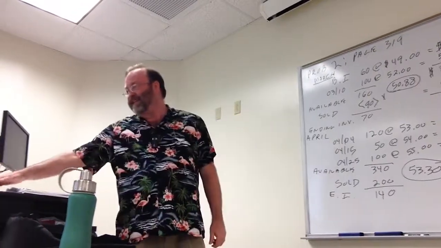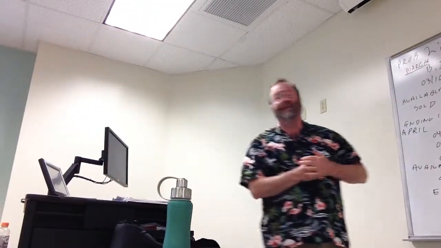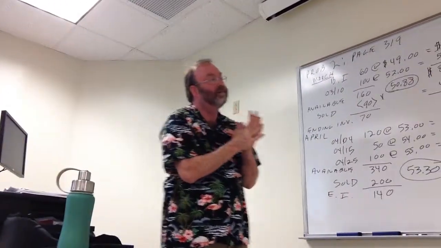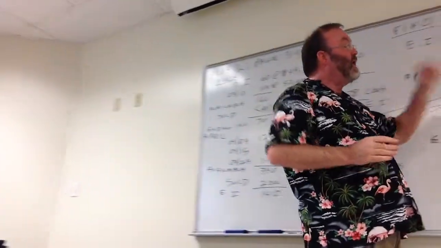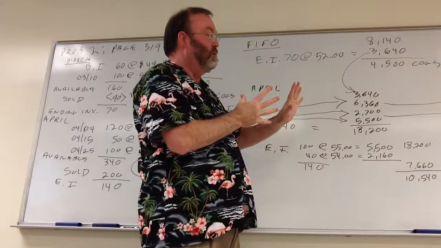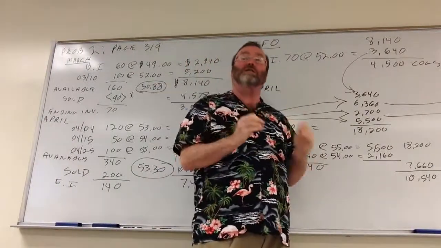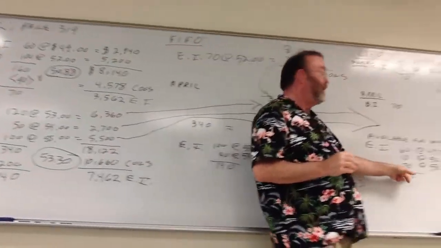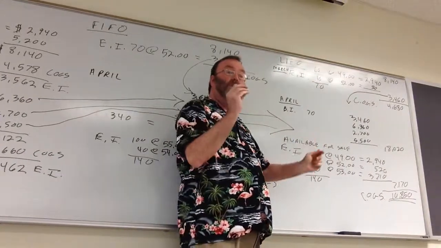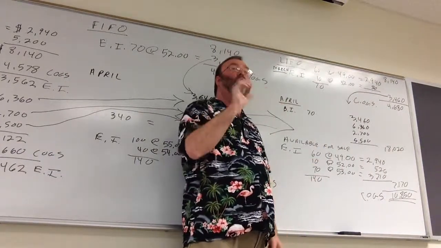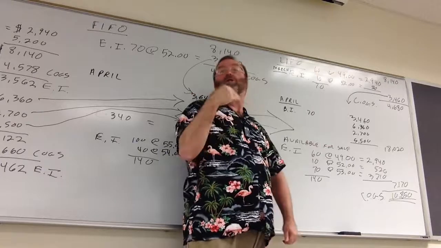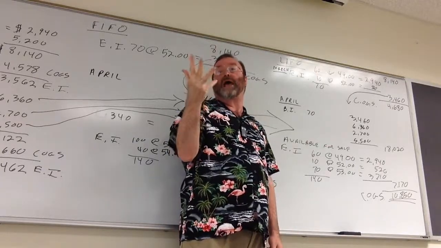Could you just go over one more time the 60, 10, 70 for the LIFO? Okay, so at the end of the month of April, we have 140 units in total. So that's what we have in ending inventory. So what we're trying to do now is identify which ones are those. They're always going to be the oldest ones that we have.